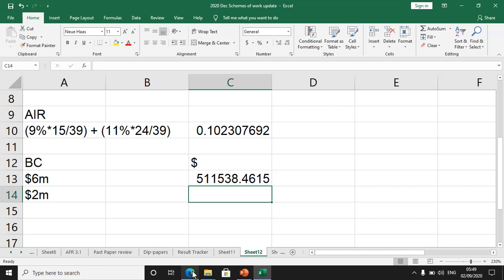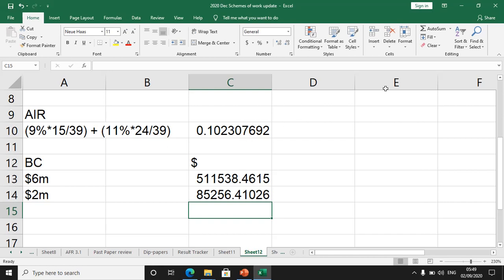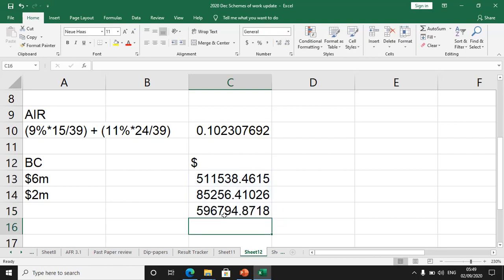So again, this is equal to 2 million multiplied by our average rate, and then we multiply that by 5 divided by 12. So when I sum up these two amounts, I'm getting about 596 there.